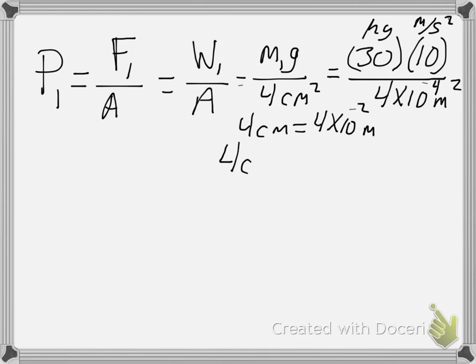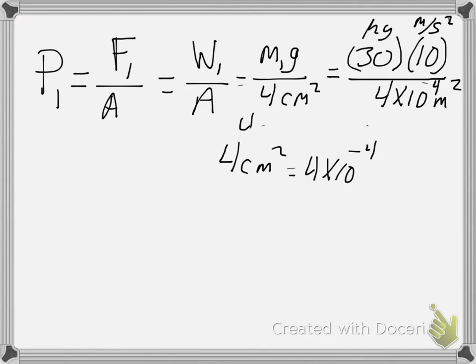So for 4 square centimeters, I would have to take this factor squared. Okay, so that gives me the 4 times 10 to the negative 4. All right, so that's where those units come from. I didn't want you to be confused about that.